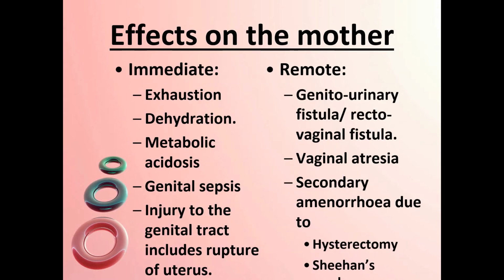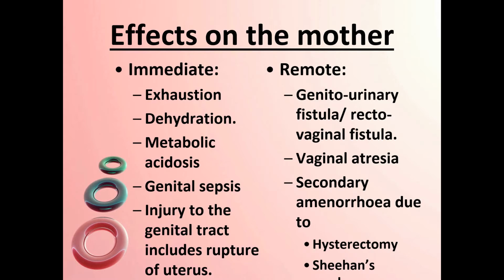So what are the effects on the mother? Because of the obstruction, she'll feel exhausted, she'll be dehydrated because of the prolonged labor, there can be metabolic acidosis, then later there can be genital sepsis, and as we said, this obstruction, if it is not relieved, can even give rise to a big catastrophe, and that is the rupture of the uterus.